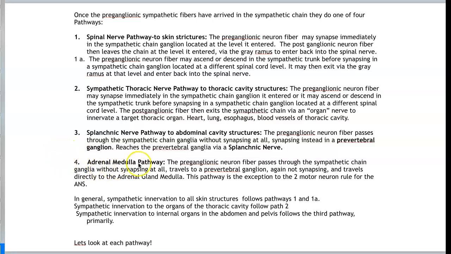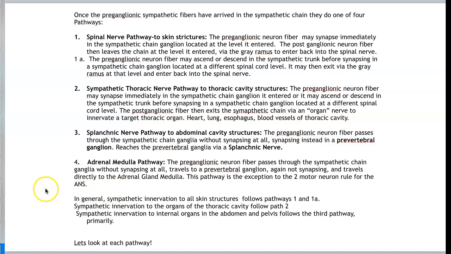The adrenal pathway, it's a one motor pathway. You are going into the sympathetic chain. You're not synapsing there. You are leaving the sympathetic chain through the splanchnic nerve. The splanchnic nerve is taking you through the prevertebral ganglion. You're not synapsing there.